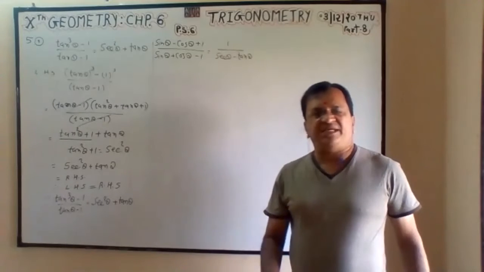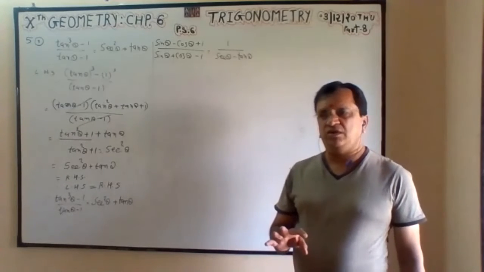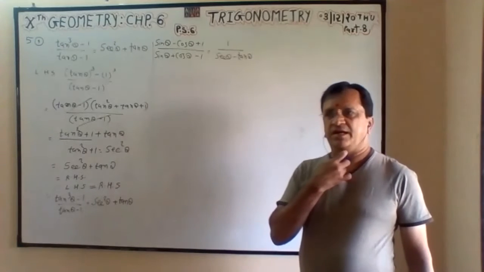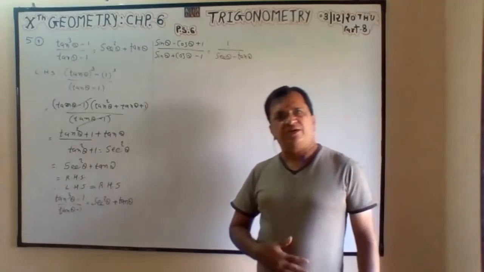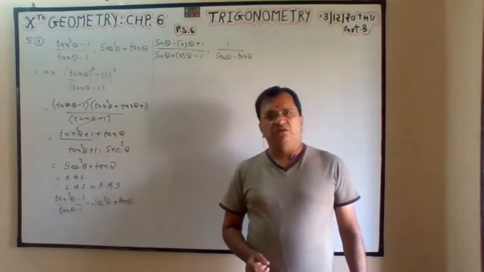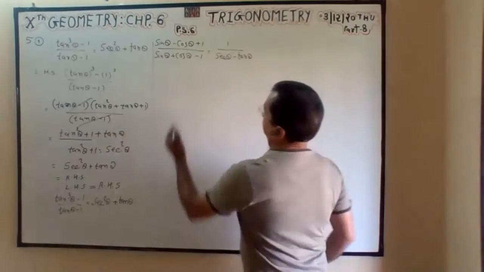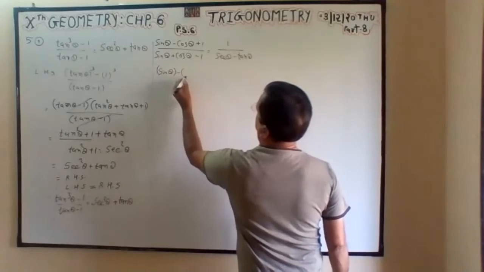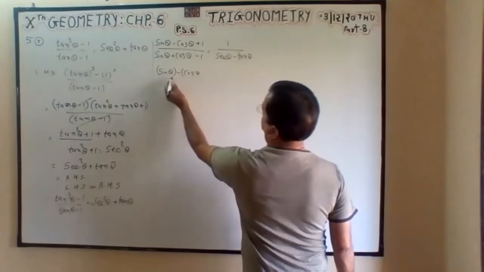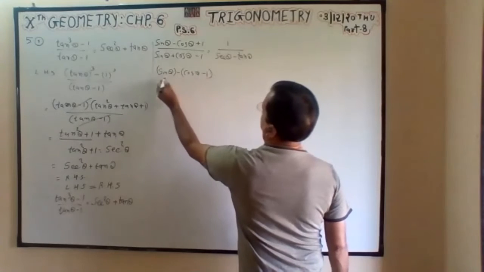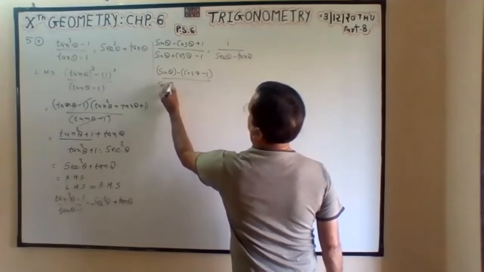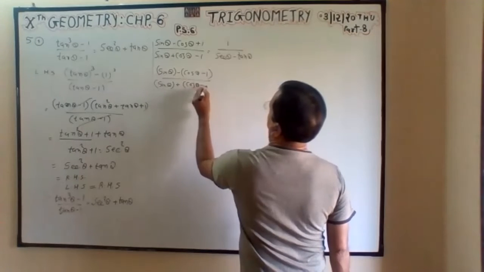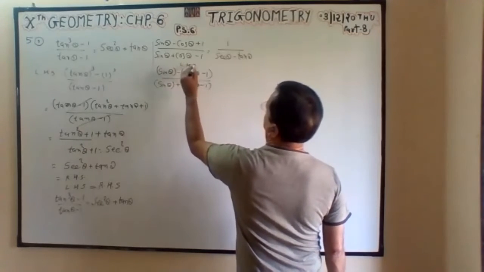This is in a basic form, sine and cos. So we can't use an identity because there is no power, and we can't transform into another. So simple: sin theta, first bracket, I have taken minus common, so inside minus cos theta. Same, sin theta plus cos theta minus 1. That is the left hand side.